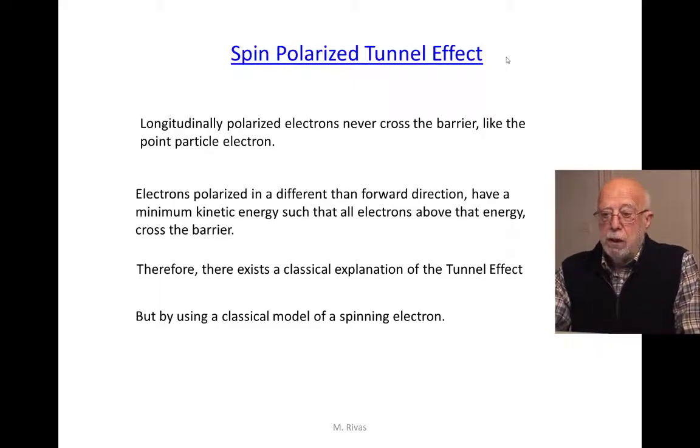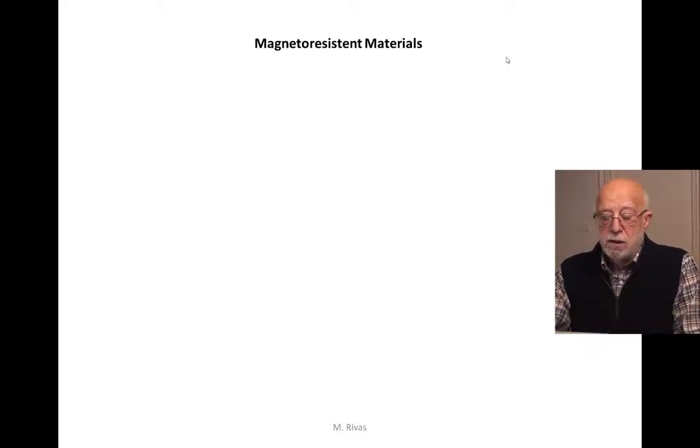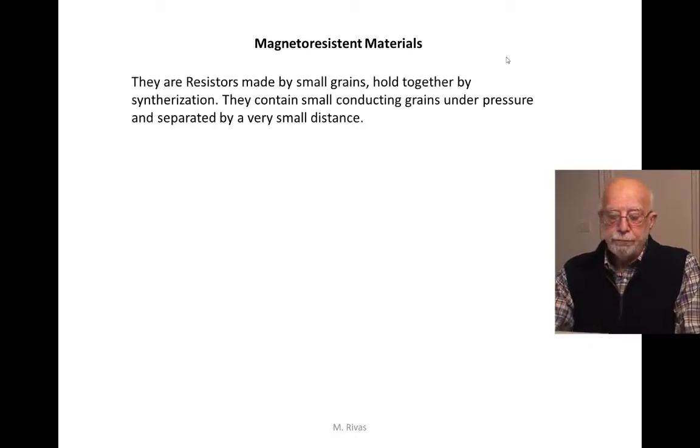Okay, we shall apply these ideas to analyze what are called magnetoresistant materials. These materials are typical electronic resistors. But these resistors are made of small droplets of small conducting grains held together under high pressure. It is called sinterization.